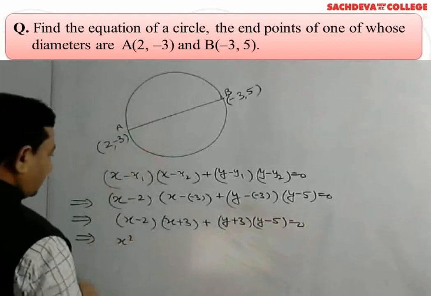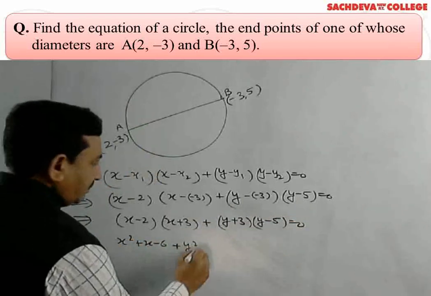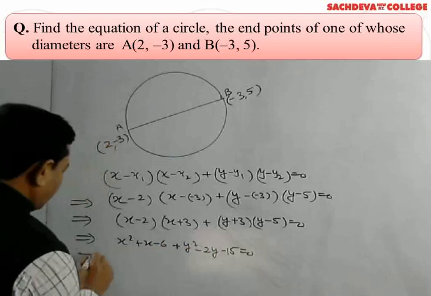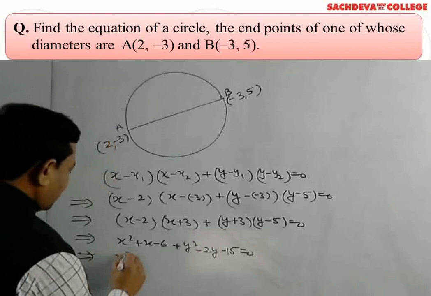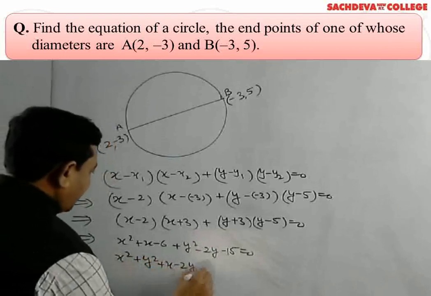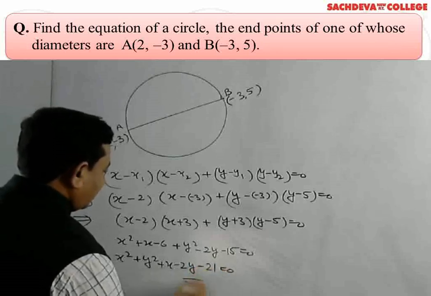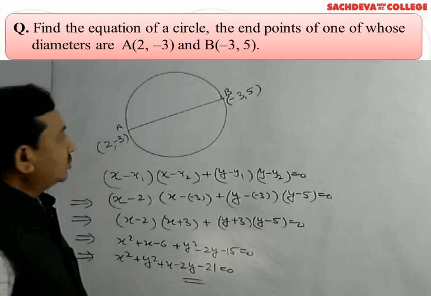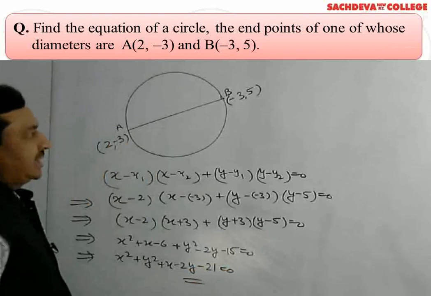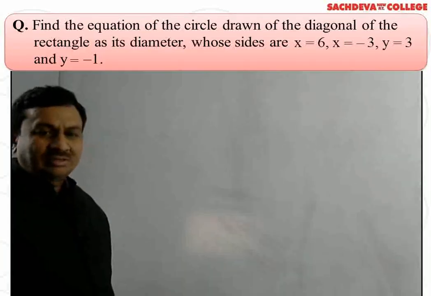So x squared plus x minus 6 plus y squared minus 2y minus 15 is equal to 0, or x squared plus y squared plus x minus 2y minus 21 is equal to 0 is the required equation of the circle whose extreme points of diameter are A (2, minus 3) and B (minus 3, 5). Now we discuss the next problem.